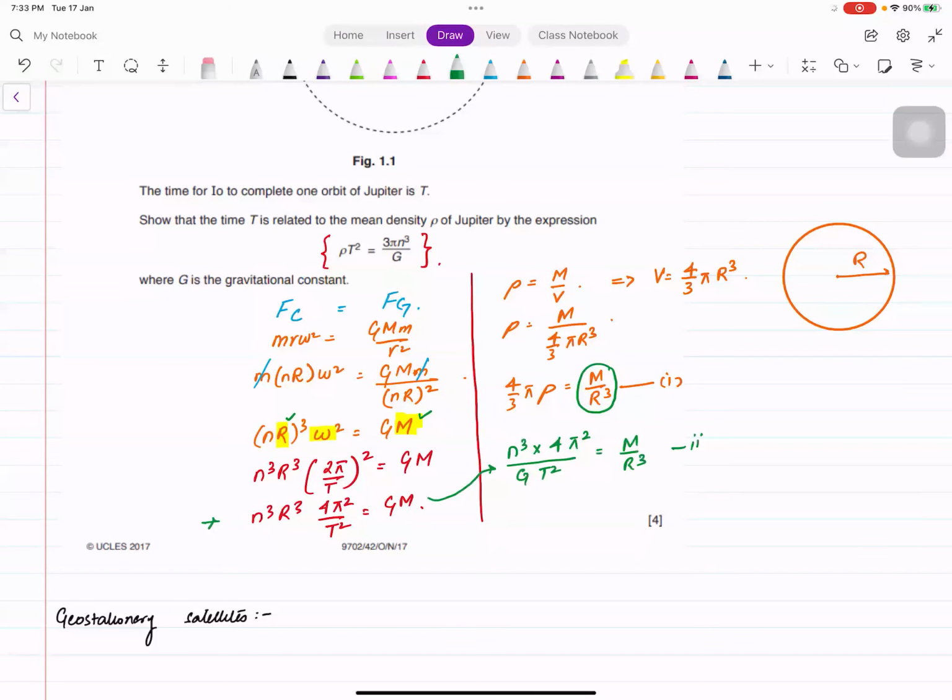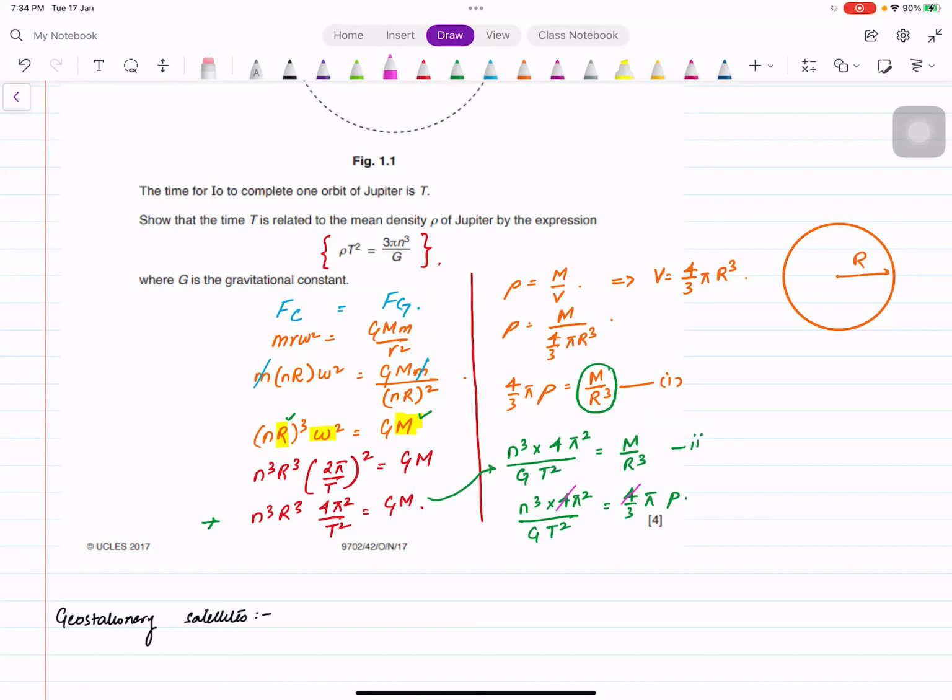Now, time to equate both of them. If I equate them, then it's going to be r cubed times 4 pi squared over G T squared equals 4 over 3 pi rho. And now, everybody, you have 4 on both sides, so we're going to cancel 4 out.